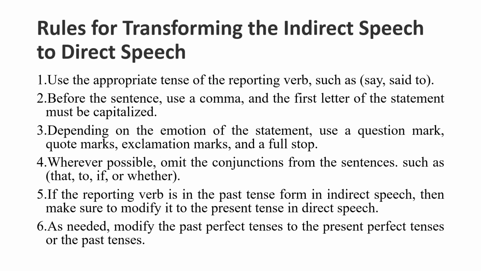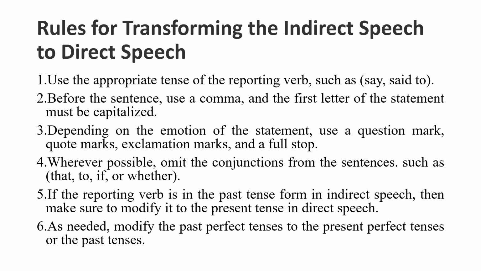There are a few rules for transforming direct speech into indirect speech. Number one is to use the appropriate tense of the reporting verbs such as say, said, to. Number two: before the sentence, use a comma, and the first letter of the statement must be capitalized. Number three is, depending on the emotion of the statement, use a question mark, quote marks, exclamation marks, and a full stop.